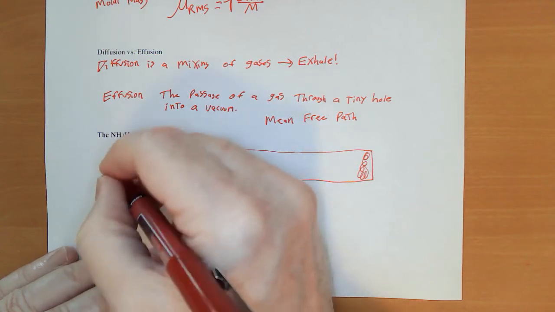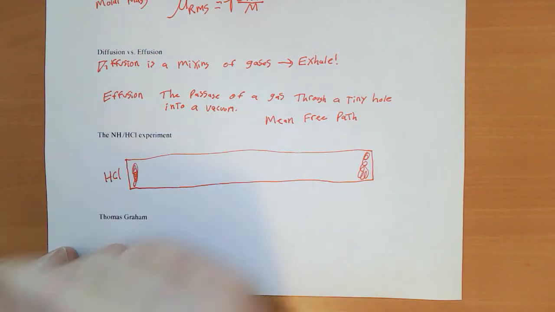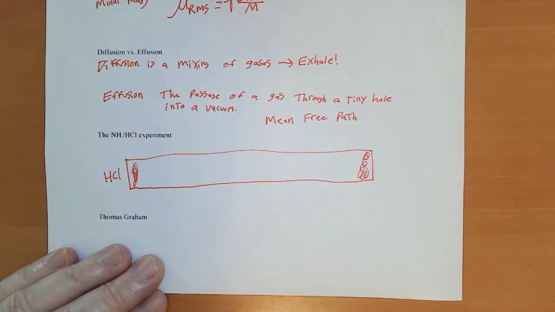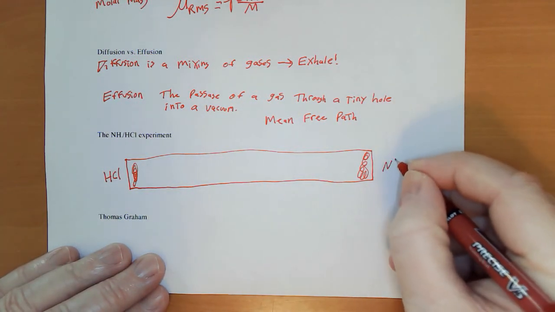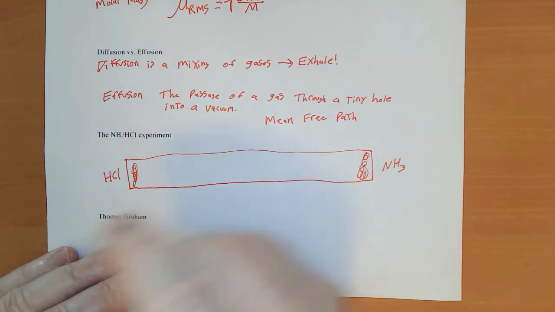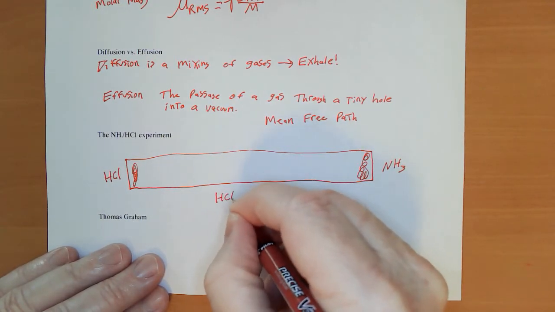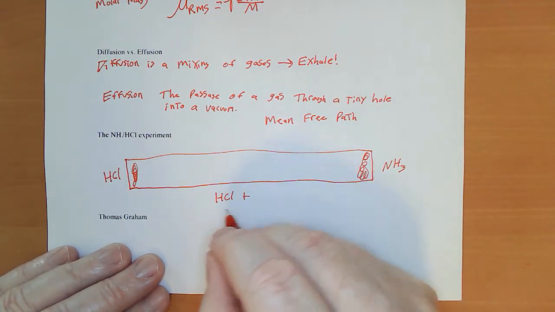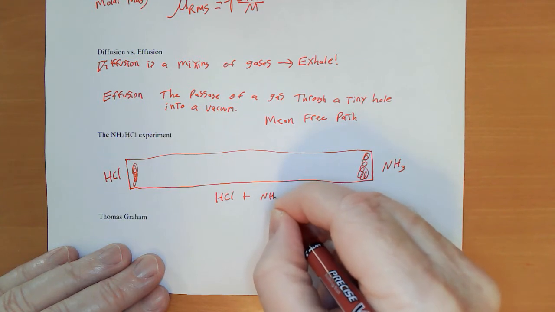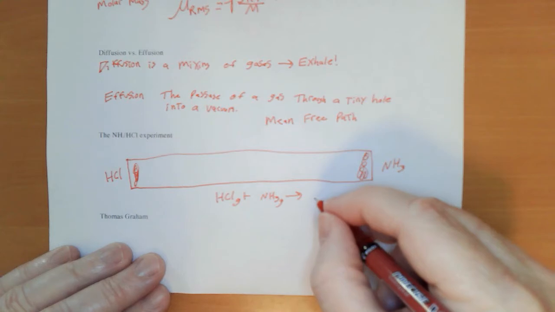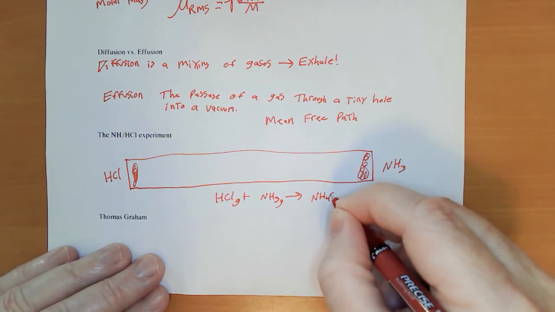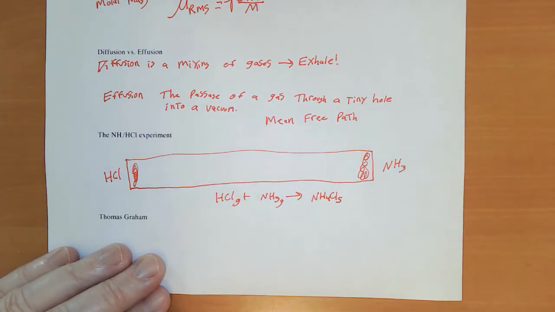Now, this cotton ball will have been soaked with concentrated hydrochloric acid, and this one with concentrated ammonia. Now, they will vaporize. The HCl and the NH3 will meet. These are both gases. And they will form NH4Cl solid, which is an ionic solid.